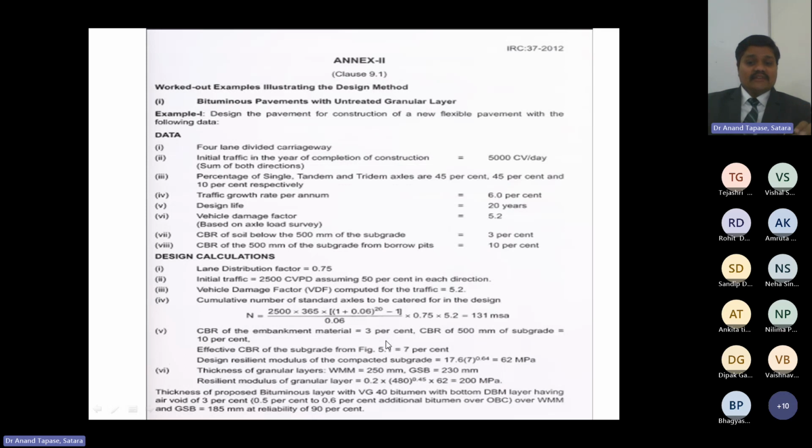If suppose it is 3%, the thickness will be more compared to that of regular pavements. Just go through the IRC guidelines, you will realize that the thickness of pavement at 150 MSA for 6% CBR, and the thickness of pavement for the same 150 MSA traffic will be different for a CBR of 15%.